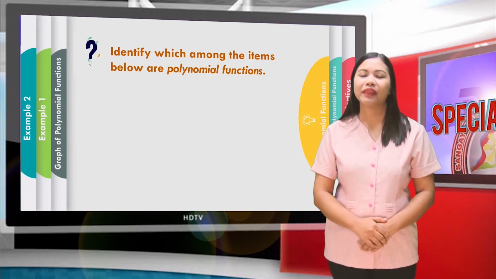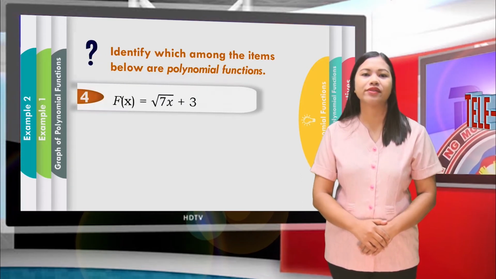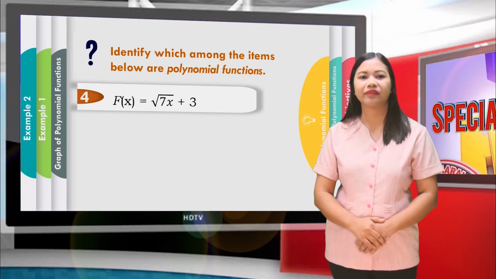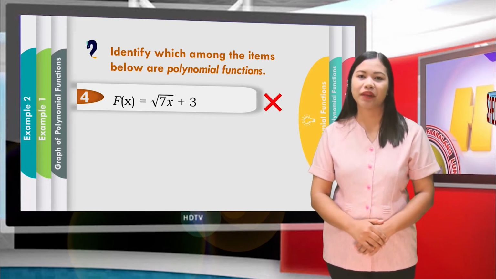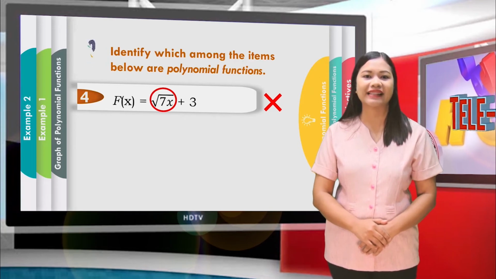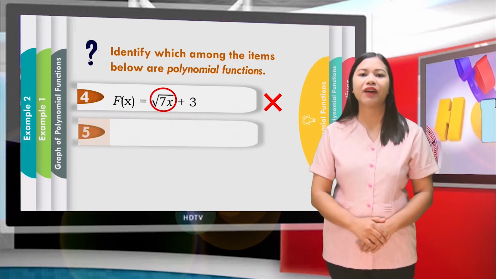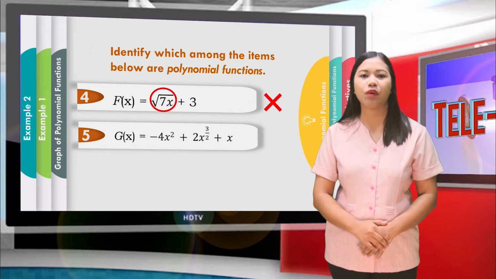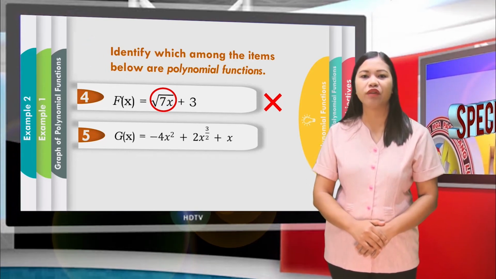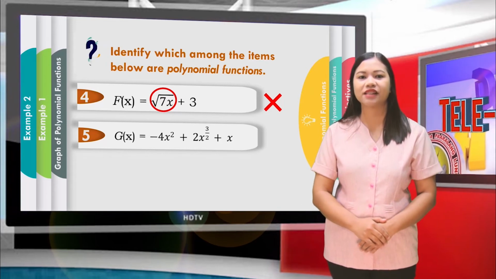Number 4, f of x equals the square root of 7x plus 3. It is not a polynomial function because it has a variable under a radical sign. Number 5, g of x equals negative 4x squared plus 2x raised to 3 over 2 plus x.